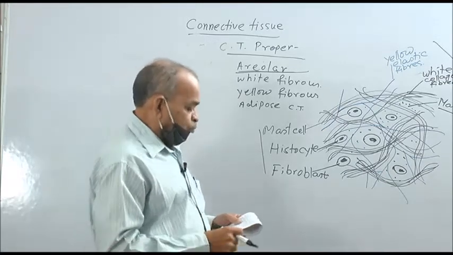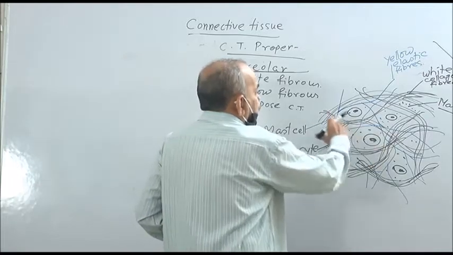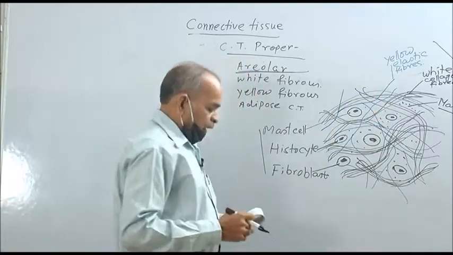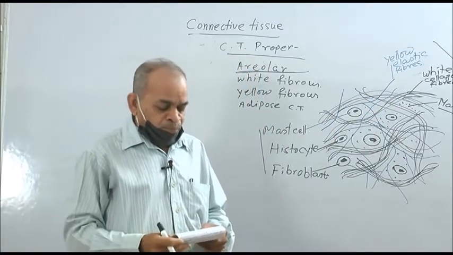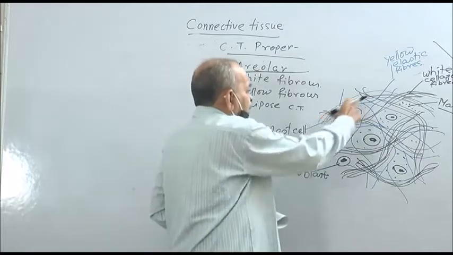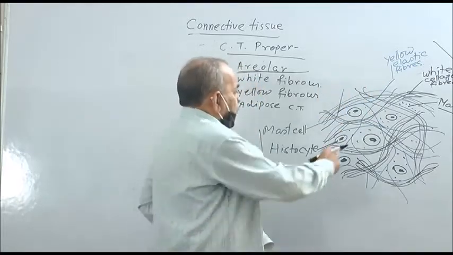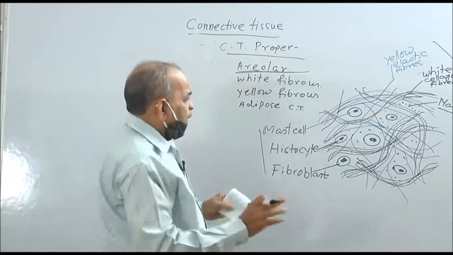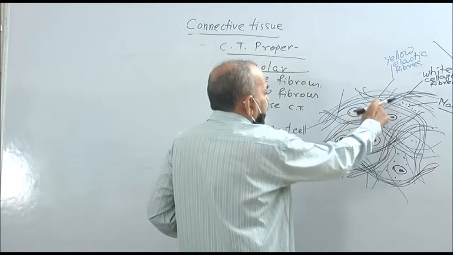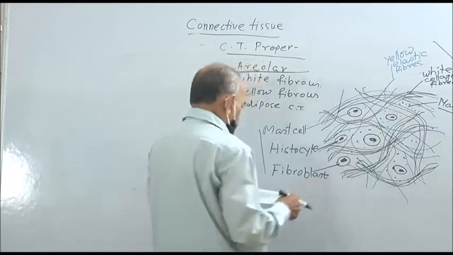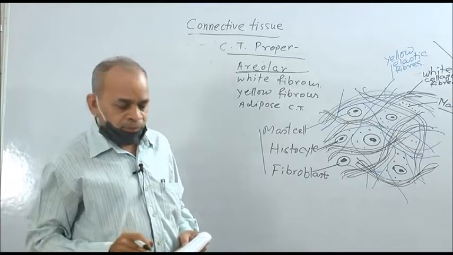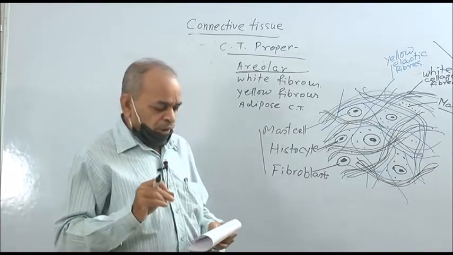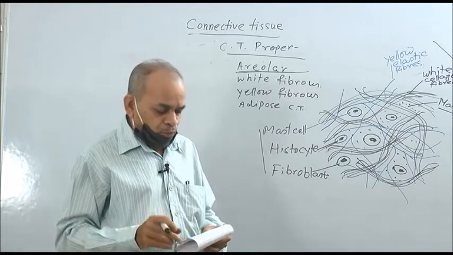Yellow fibers are few in number. You can see the blue colored one in the diagram, that is yellow fibers. They are single, straight, and branched, and joined with one another, forming a delicate network.